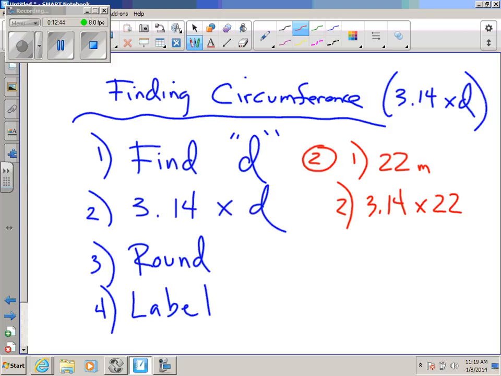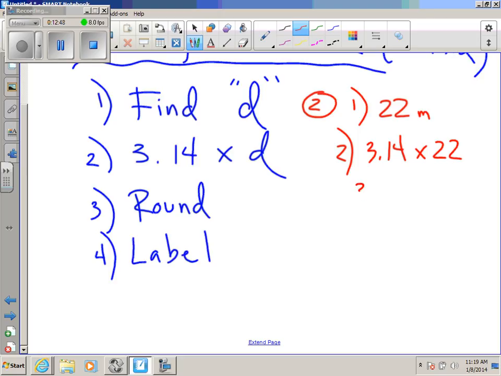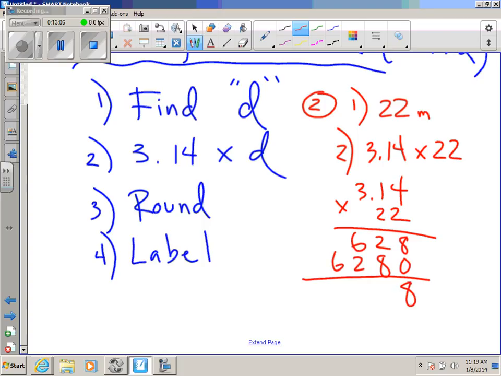Okay? So let's give ourselves a little bit of room here and let's set this up. 3.14 times 22. So 8, 2, 6. As I move over, I have to put a 0. 8, 2, 6, 8, 10, 7, 9, 6.